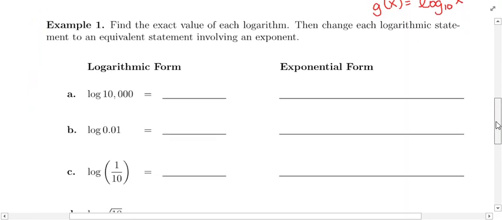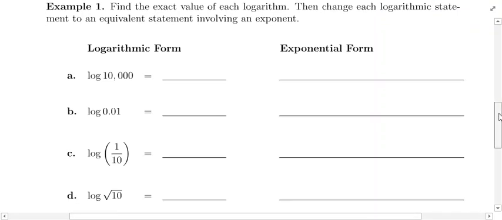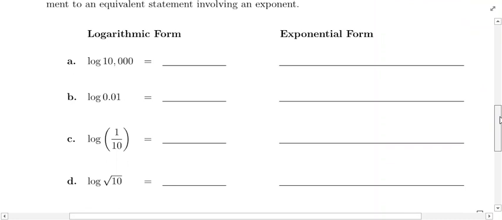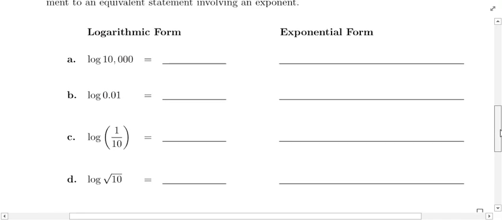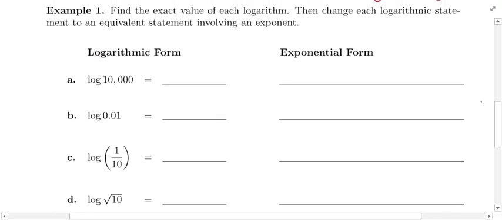All right, so let's do some practice with common logarithms. In example 1, it says find the exact value of each logarithm. Then change each logarithmic statement to an equivalent statement involving an exponent. If you look at what I have here, there's two columns: a logarithmic form and an exponential form. We have 4 different logarithms, and we are going to have to give a number as the answer.